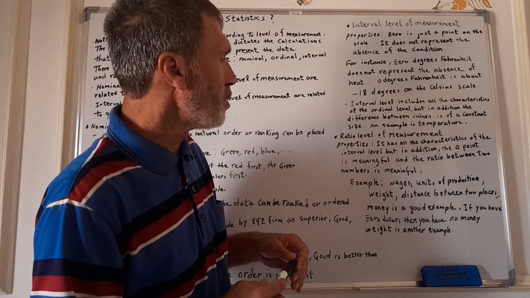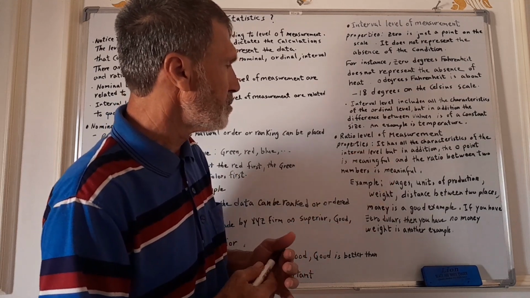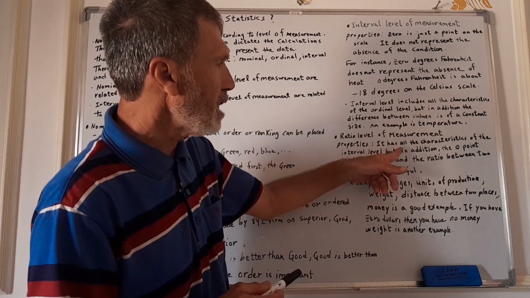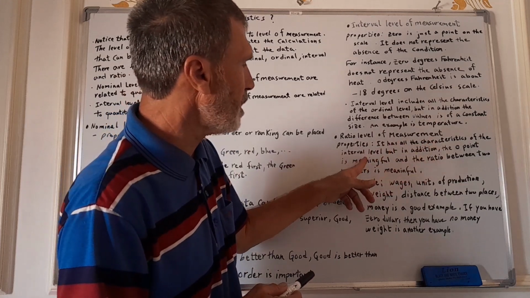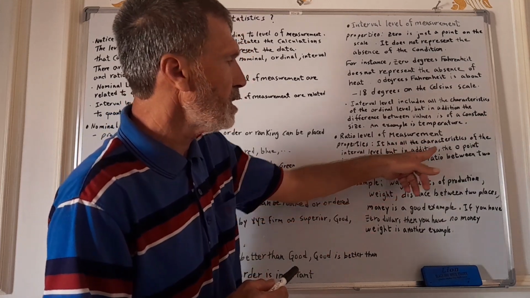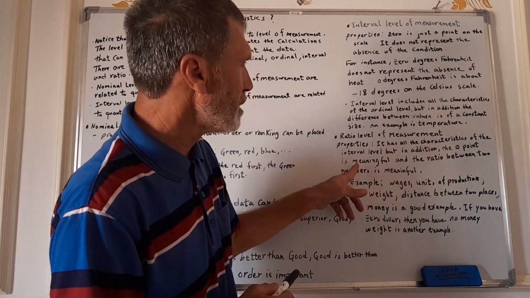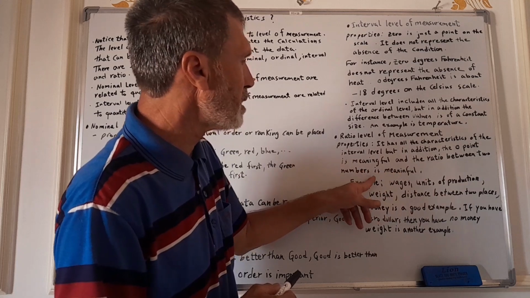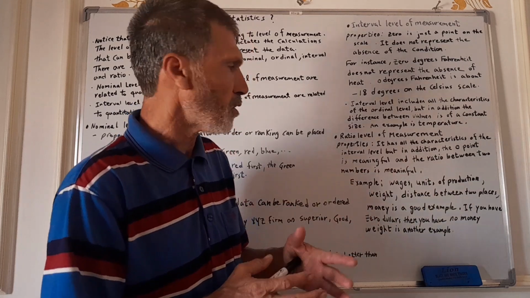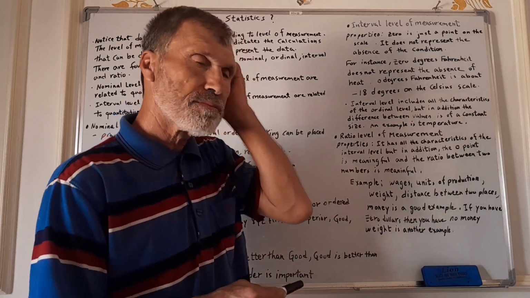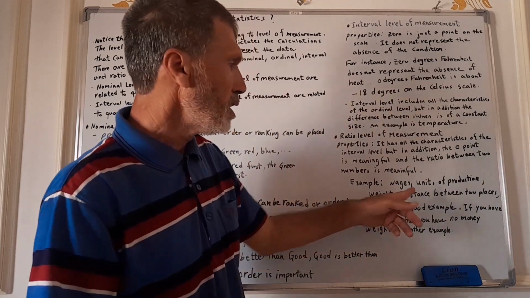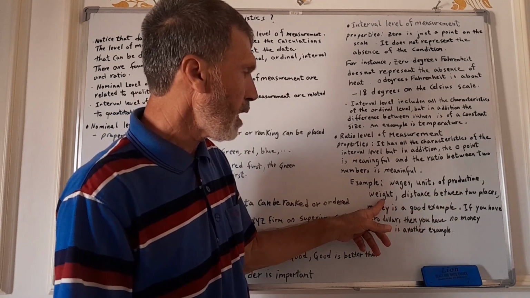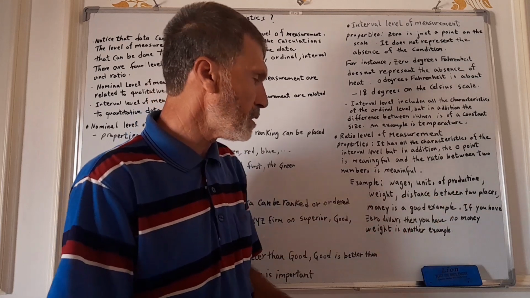Now we move to the ratio level of measurement. It has all the characteristics of the interval level, but in addition, the 0 point is meaningful and the ratio between two numbers is meaningful. For instance, wages, units of production, weight, distance between two places.